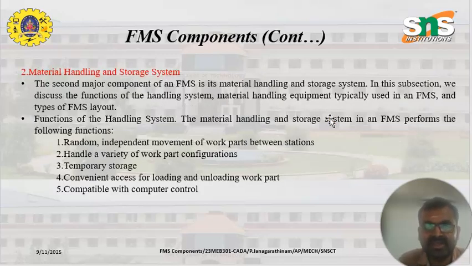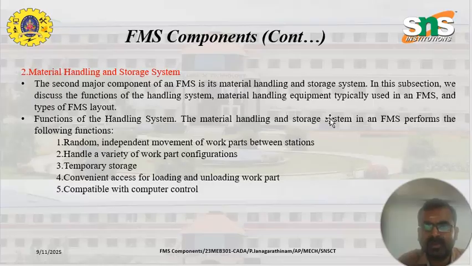So, material handling and the storage system. The third major component of the FMS is the material handling system. Material handling helps us move material from one place to another, lift heavy components, and fix the workpiece to the vise.